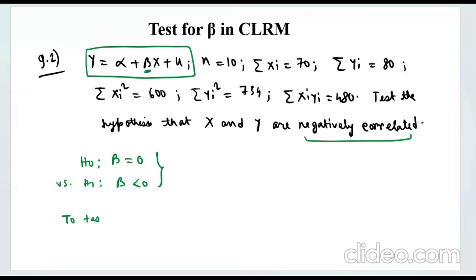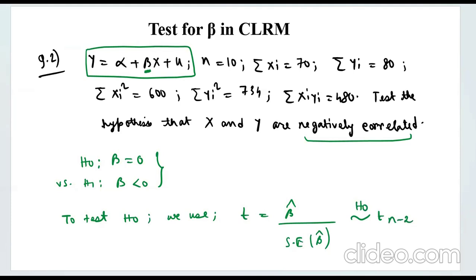Now to test H naught, we use the test statistic. We use the test statistic T, which is beta cap upon standard error of beta cap, which under H naught follows t with n minus 2 degrees of freedom. This is constant. So minus beta naught, I am not writing it again because under H naught this beta is 0.